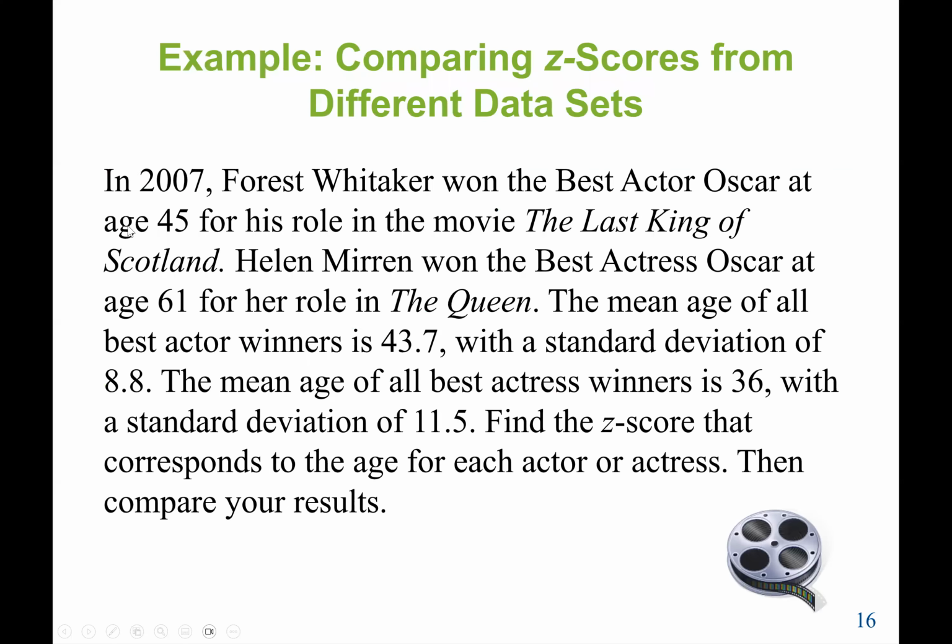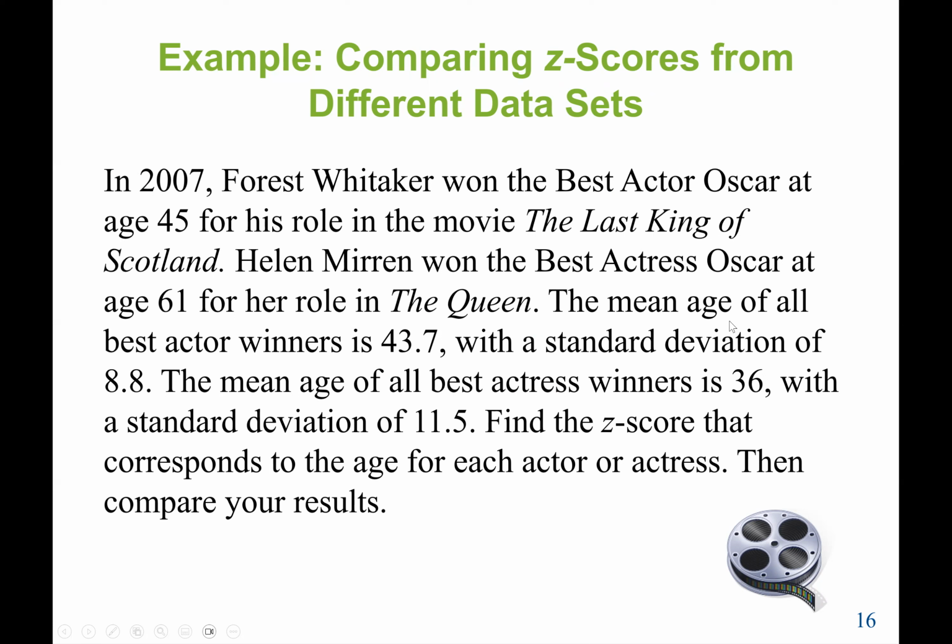So let's see an example here. In 2007, Forest Whitaker won the Best Actor Oscar at age 45 for his role in the movie The Last King of Scotland. Also, Ellen Mirren won the Best Actress Oscar at the age of 61 for her role in The Queen.